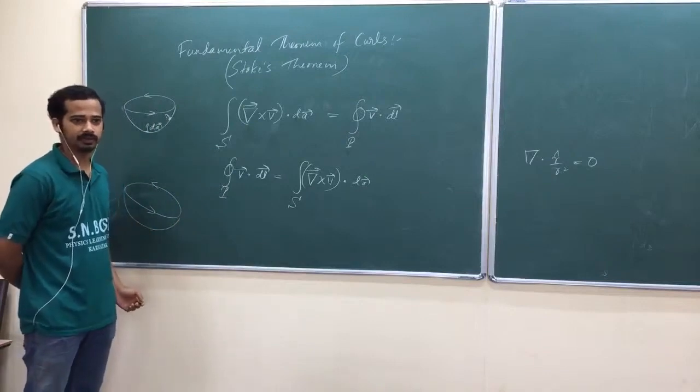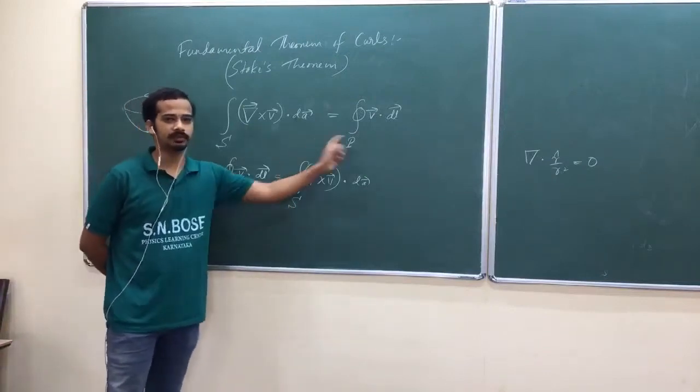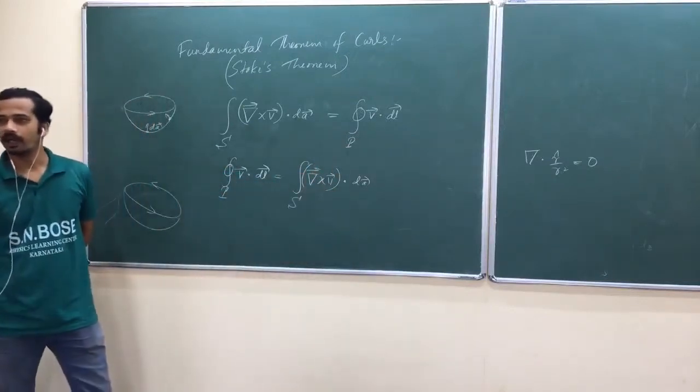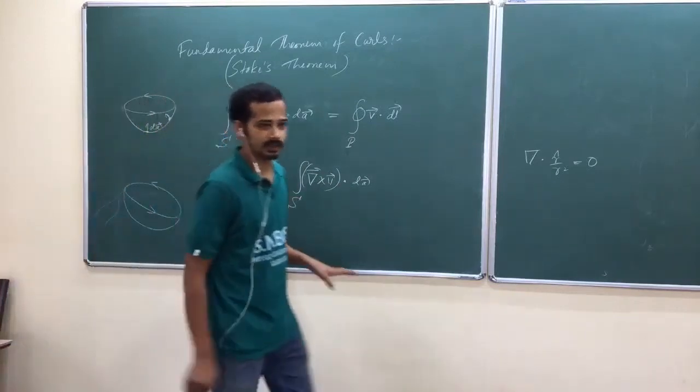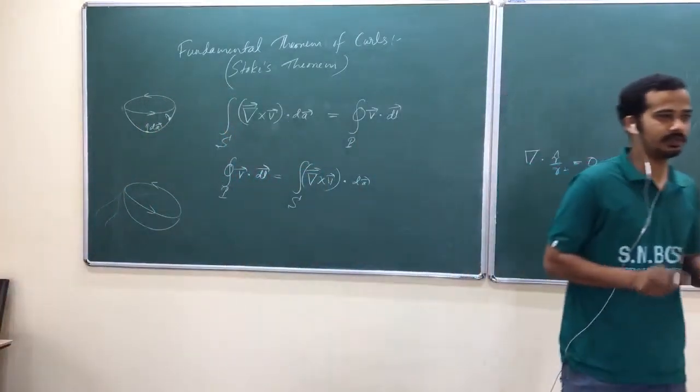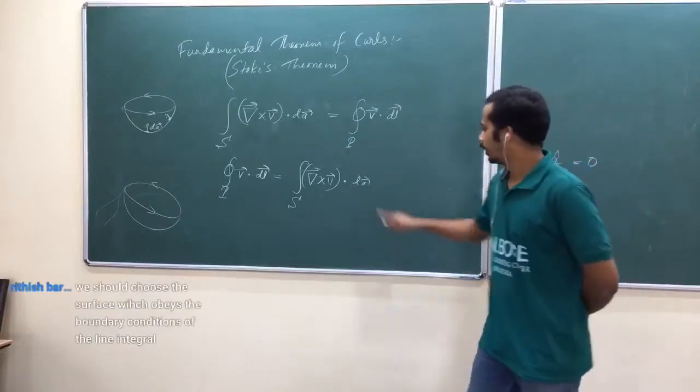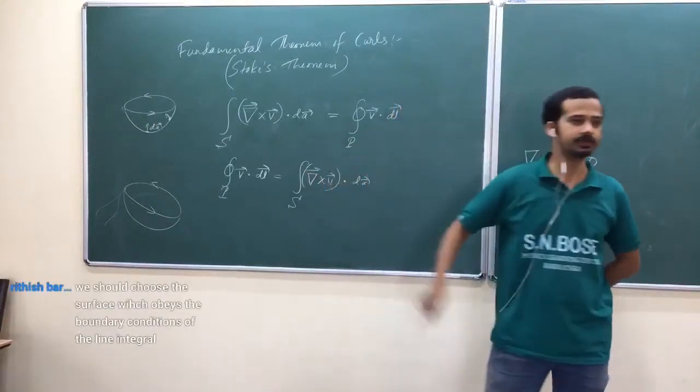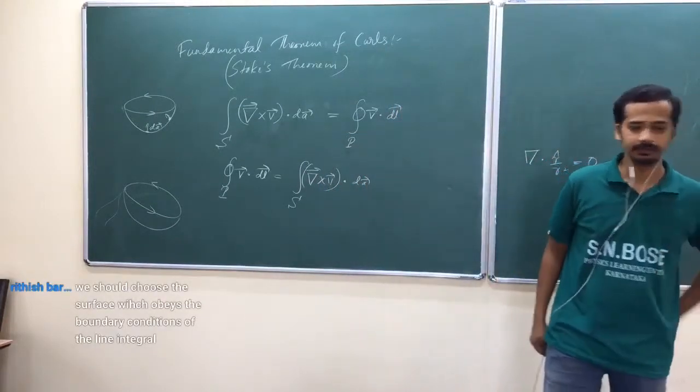What do you mean by that? The surface integral is independent of the surface chosen. I told you there will be one special class of vector field whose surface integral will be independent of the surface chosen, and curl of any vector field is that special class of vector field. Wait a second.